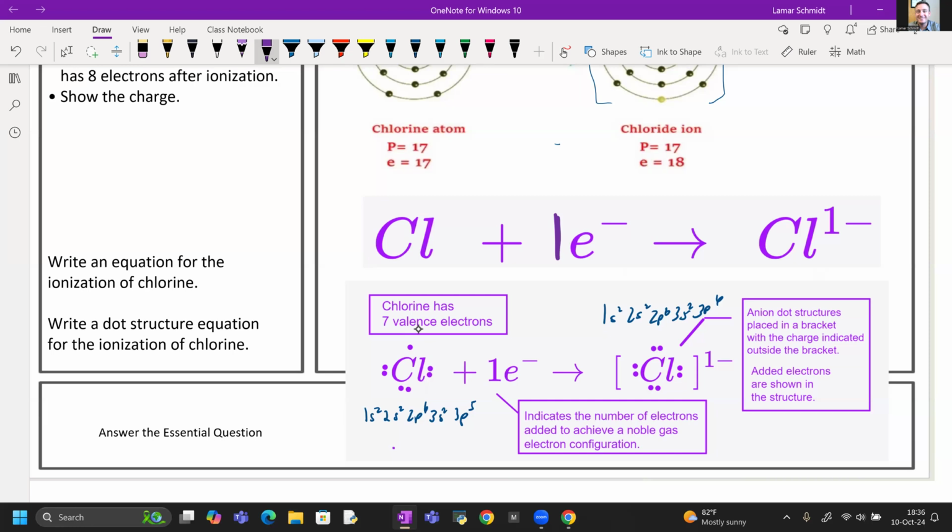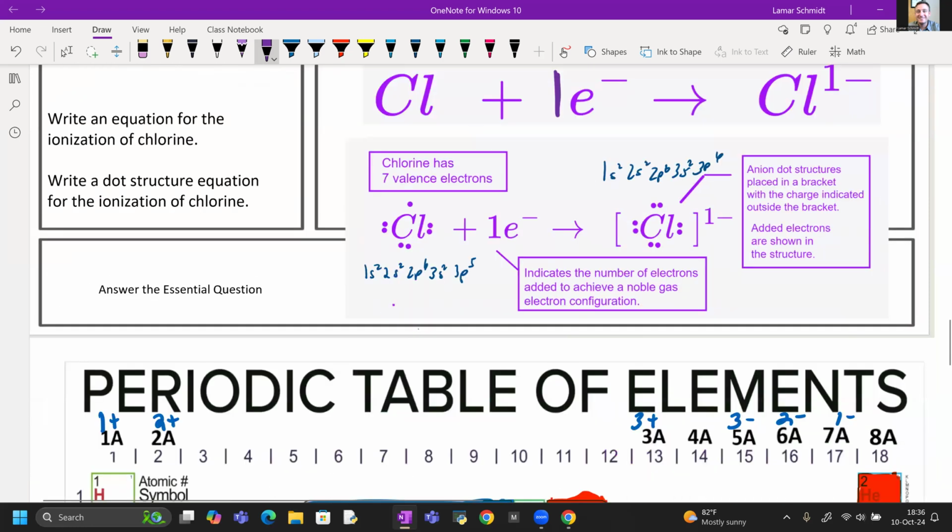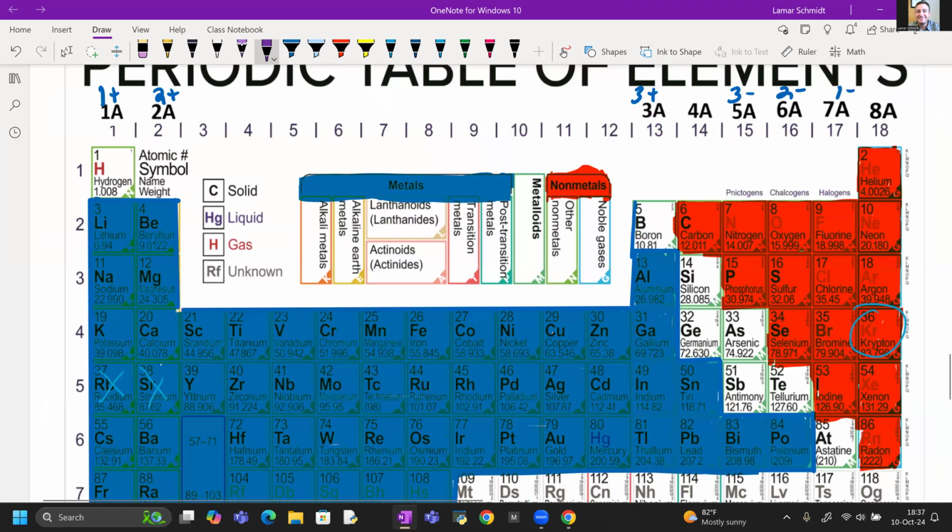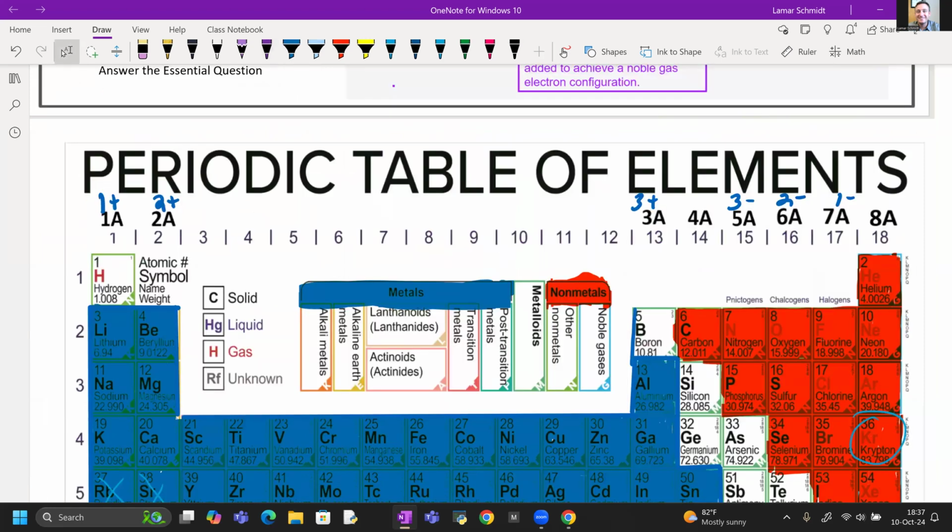So make sure you're paying attention to these expressions as you're doing your daily work, and I think you're going to come out golden. All right, once again, on your periodic table, make sure you update it so that it indicates groups 1A through 8A, and then also over group 1A indicate a 1 plus charge, over 2A a 2 plus charge, over 3A a 3 plus charge, over 5A a 3 minus charge, over 6A a 2 minus charge, and over 7A a 1 minus charge.